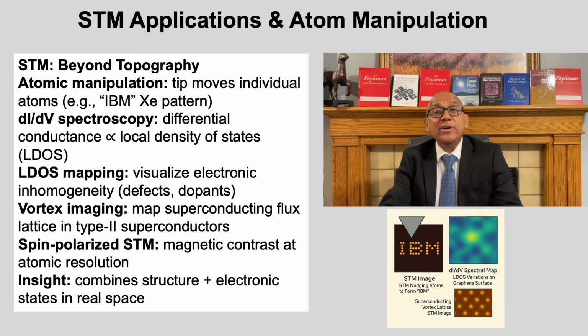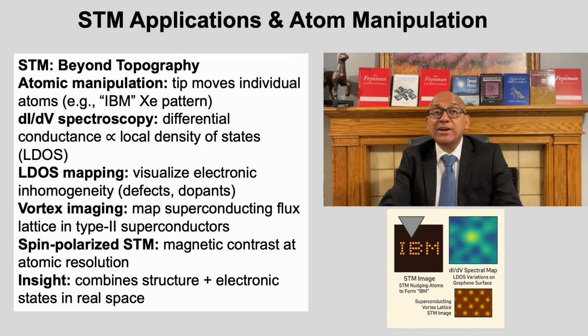The same atomic scale control that makes imaging possible also enables atom manipulation. Famous experiments used the STM tip to physically push or reposition atoms on metal surfaces, spelling out IBM with xenon atoms, demonstrating quantum precision in matter control.